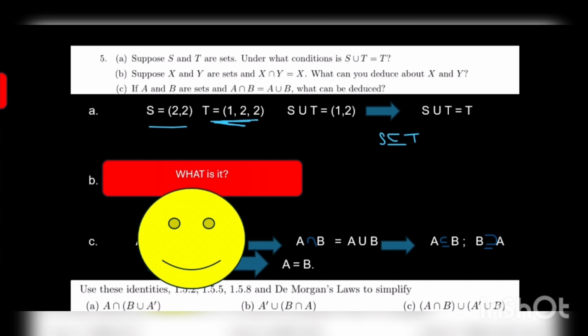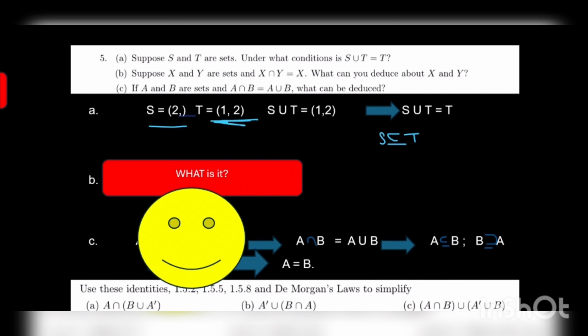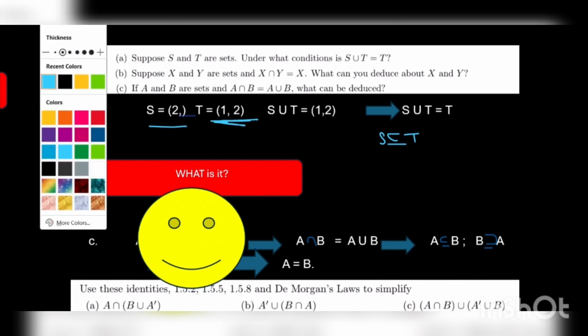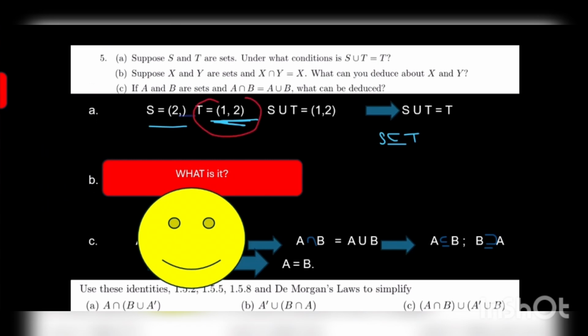However, when we look at the union, this is S and this is T. The quantity is different and the elements are different, but the union of it is 1 and 2. The union of S and T is the same as T, and therefore these are the conditions.